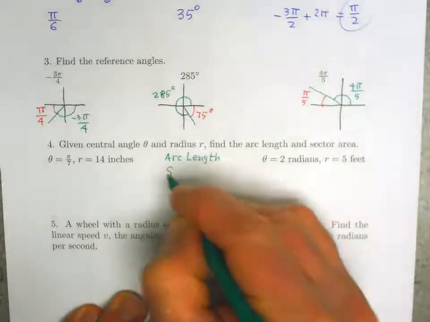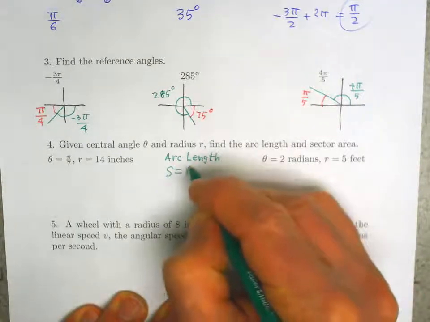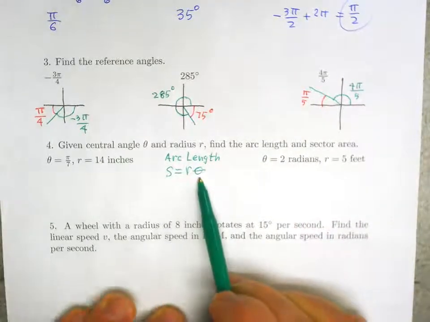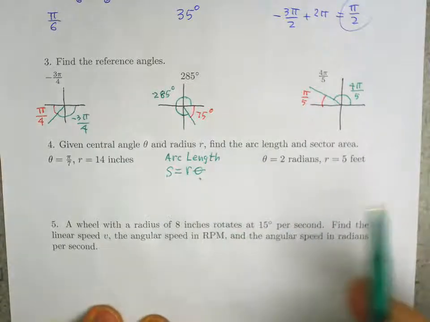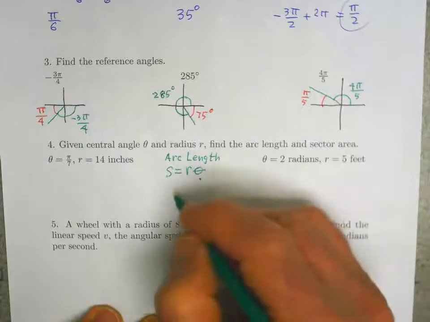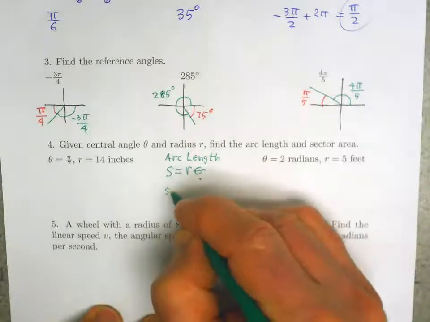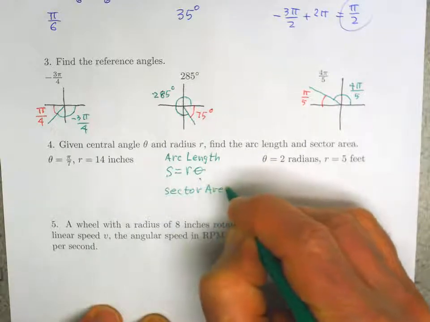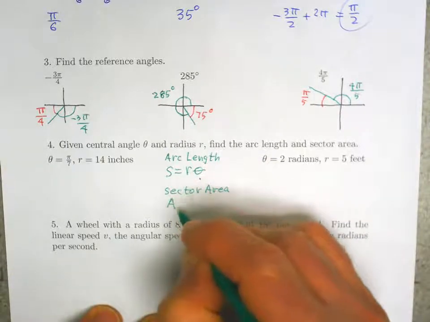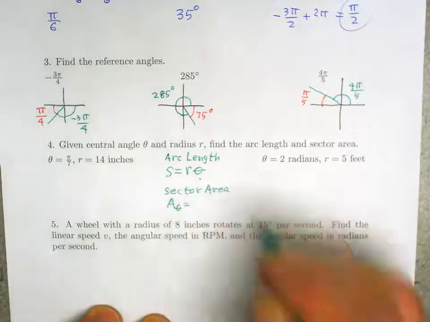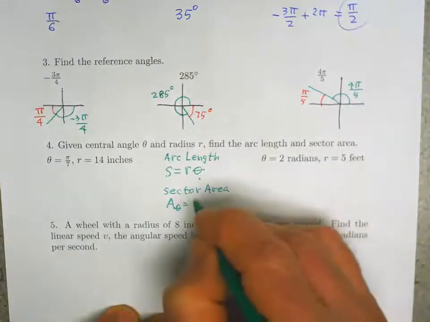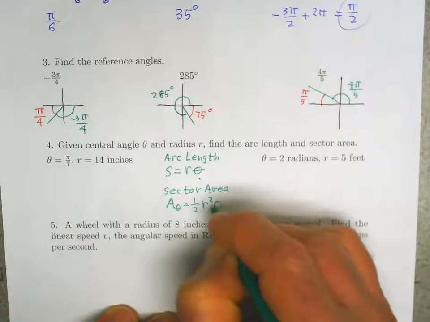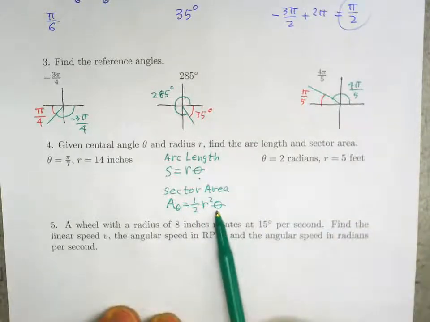The arc length S is equal to the radius times the measure of the central angle in radians. And the sector area, I'll call it A sub theta, is equal to 1/2 times the radius squared times theta measured in radians.